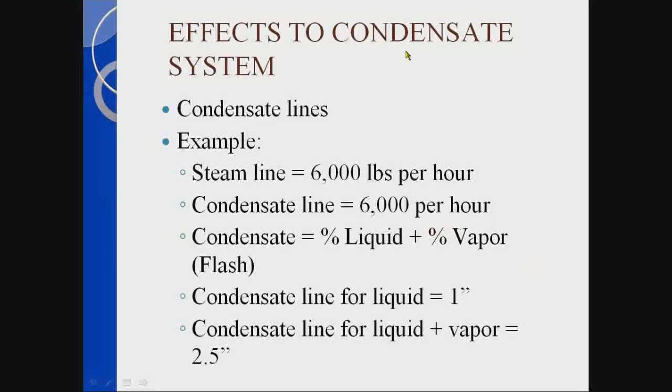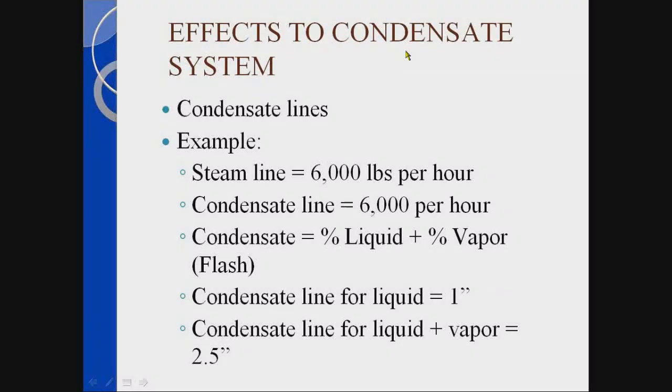For people on this call, water hammer is the pounding and shaking of condensate piping. One of the things you need to remember: 60% of component failures in steam systems are caused by water hammer. So 60% premature failures are caused by water hammer.